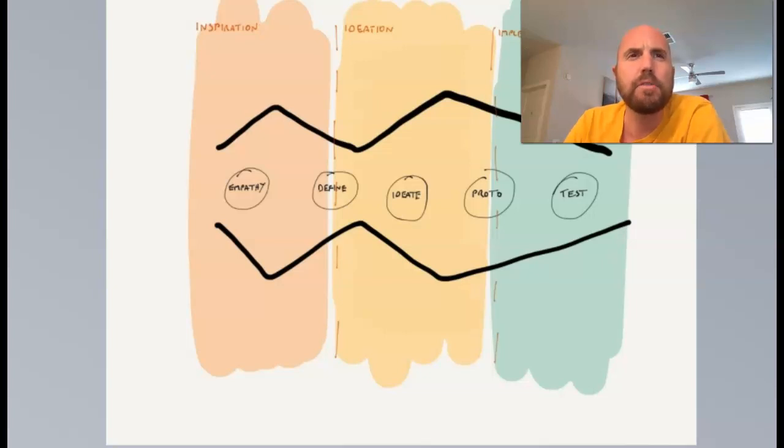And that kind of includes a couple phases. So we have this first phase of inspiration. We have this second phase of ideation, and then our third phase of implementation. So we'll talk a little bit about each of those areas over the next couple of slides.